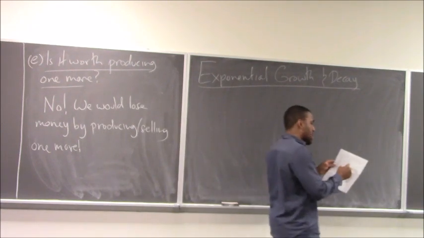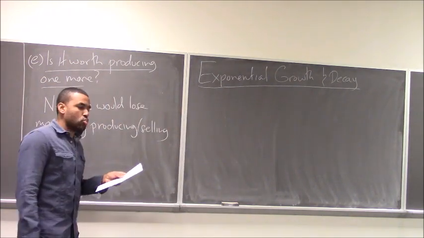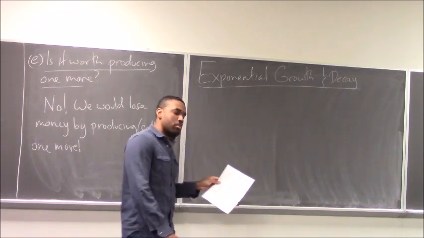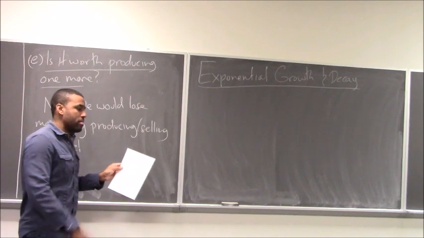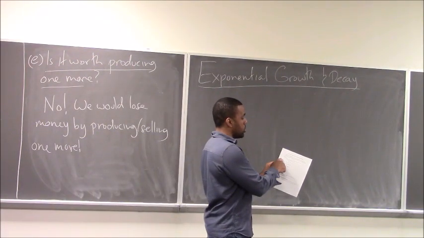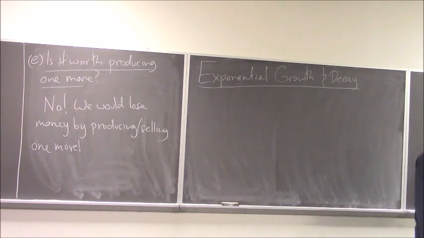For the most part, deriving these formulas would require us knowing antiderivatives, so I'm not going to derive anything for you. At this point, you can take these formulas on faith. And towards the end of the semester, if anyone's interested, we can go back and derive where these came from. The first equation, though, is pretty much the definition of what it means to grow or decay exponentially.